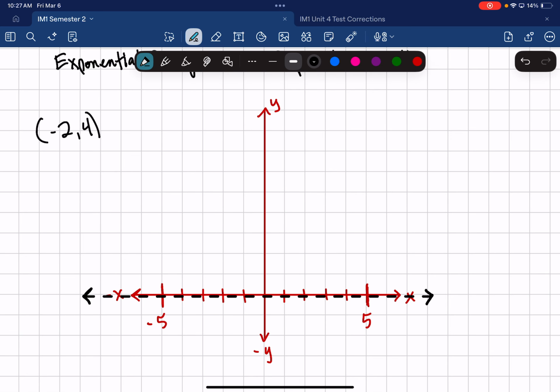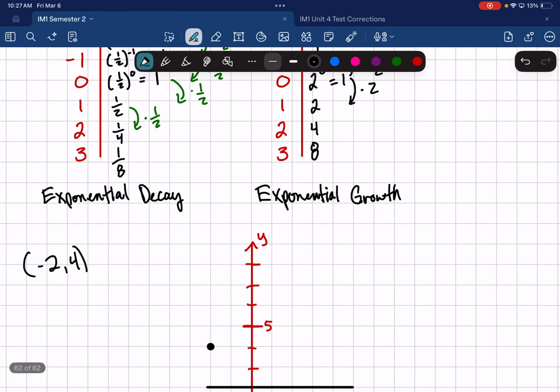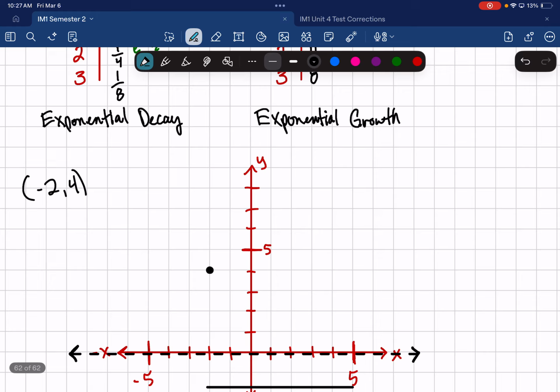So we come over here, negative 2, up 4. Then we go to that next point, negative 1, 2.